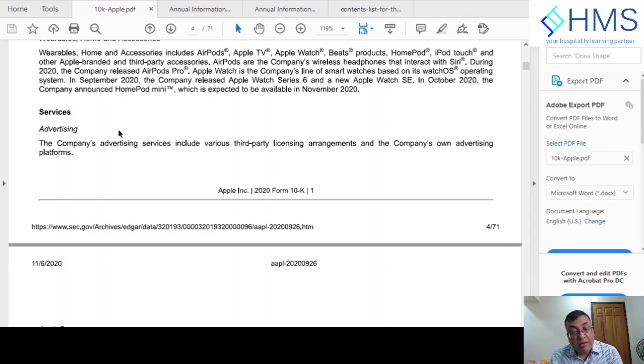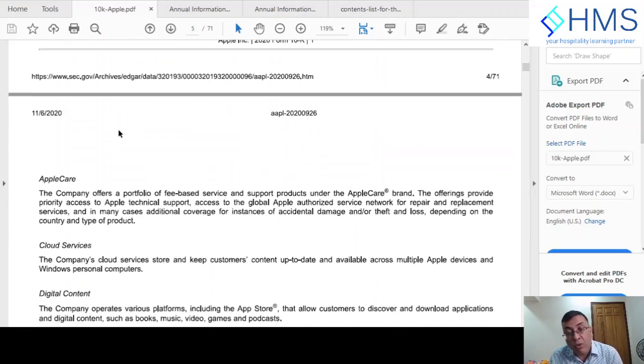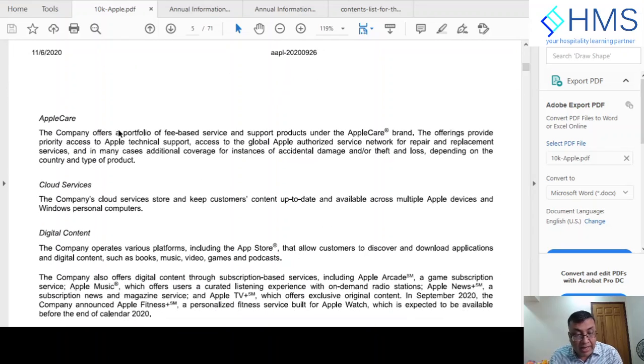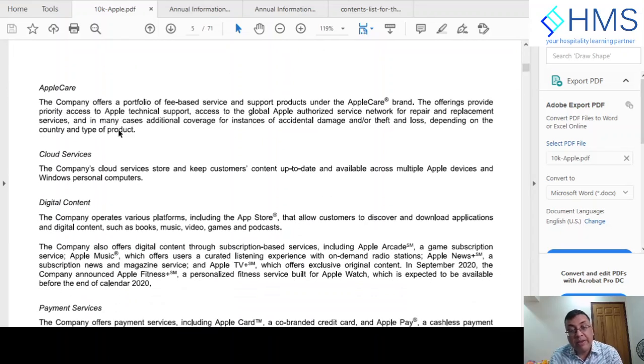Then, what are the services that the company is providing? They provide advertising services, including third-party licensing on their own advertising platform. Then they have AppleCare, a fee-based service that provides support for the products under the AppleCare brand, so they also provide technical support for Apple products apart from the warranty and guarantee.